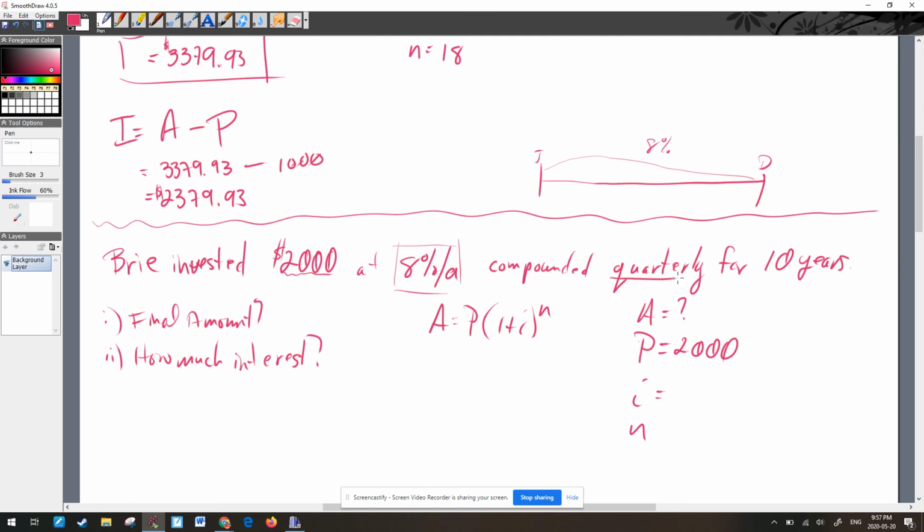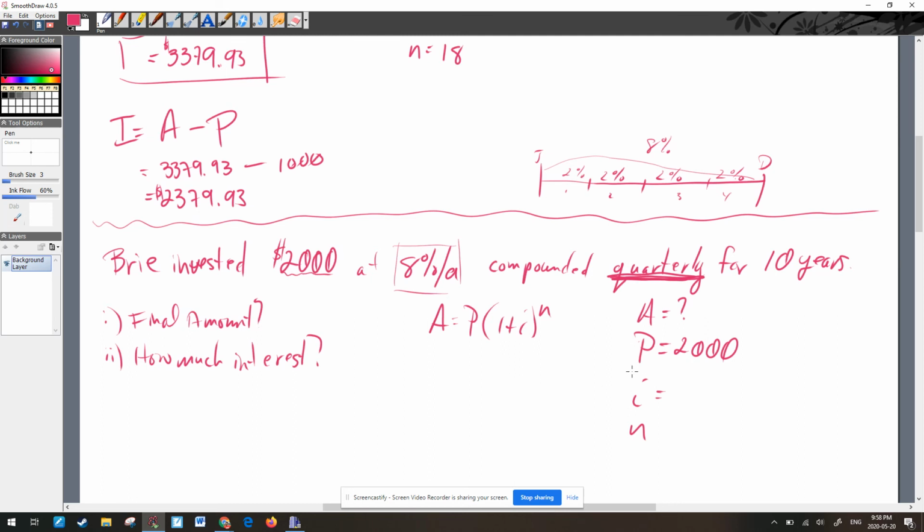But here it says we're going to compound quarterly. So we're going to separate this into blocks, into 4 blocks. 1, 2, 3, 4. In total, for the whole year, we get 8%. For each of these quarters, 8 divided by 4 is 2%. Right? So each one of these quarters earns 2%.